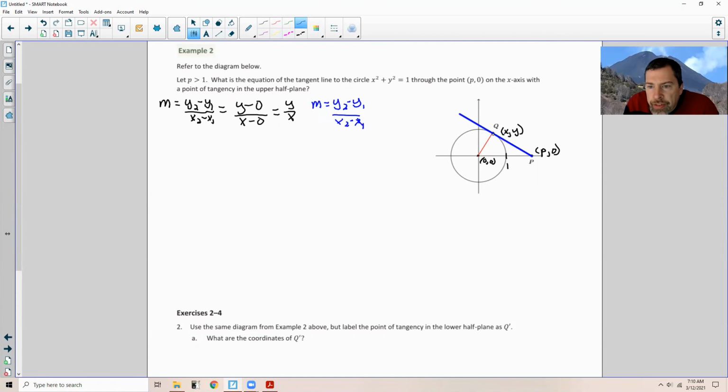In order to find this slope, the change in y was a distance of y, from y down to 0, which is y minus 0. And then x minus p is our denominator. So the slope of that is simply y over x minus p.